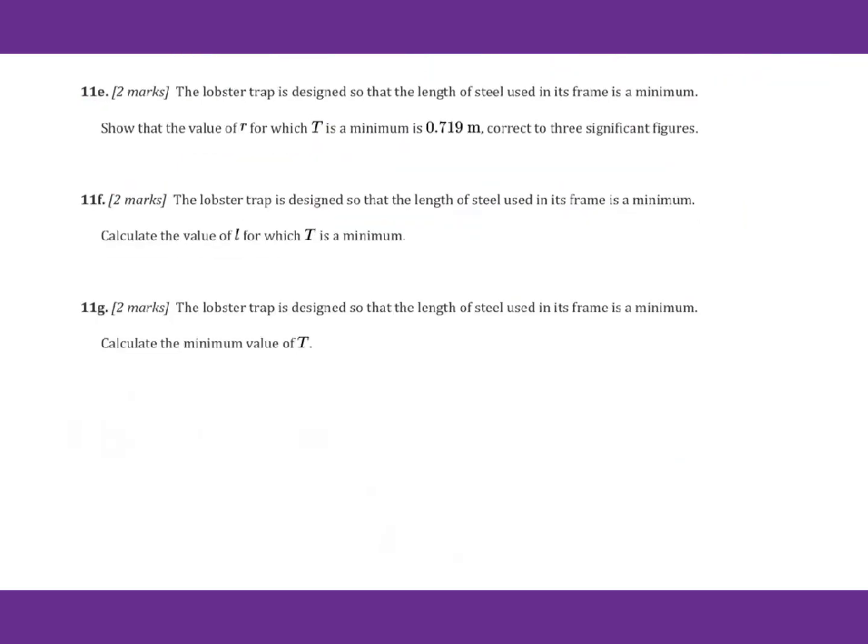Let's go to 11F. The lobster trap is designed so that the length of the steel used in its frame is a minimum. Calculate the value of L for which T is a minimum. According to 11B, we have L equals 1.5 over pi r squared.